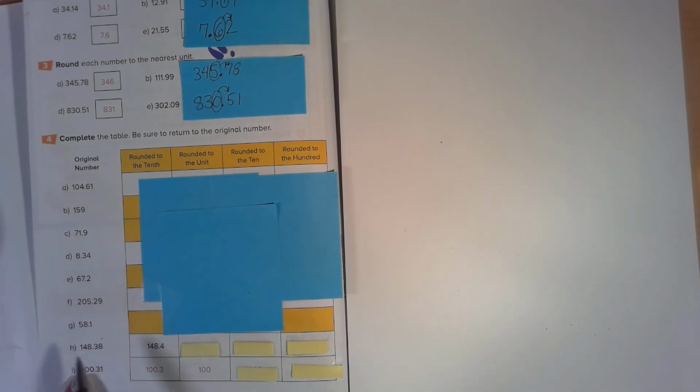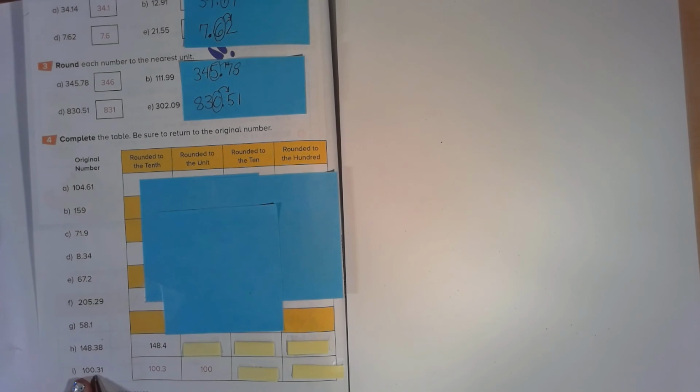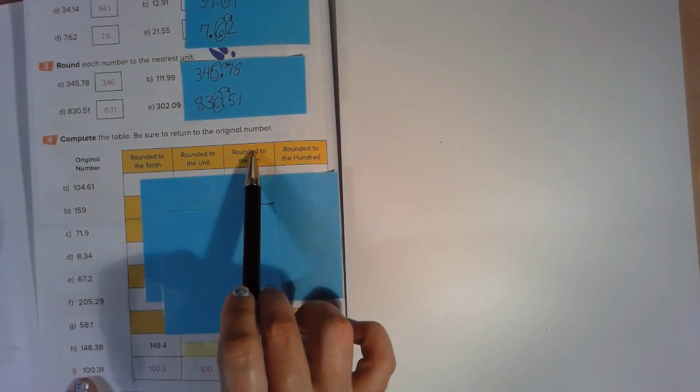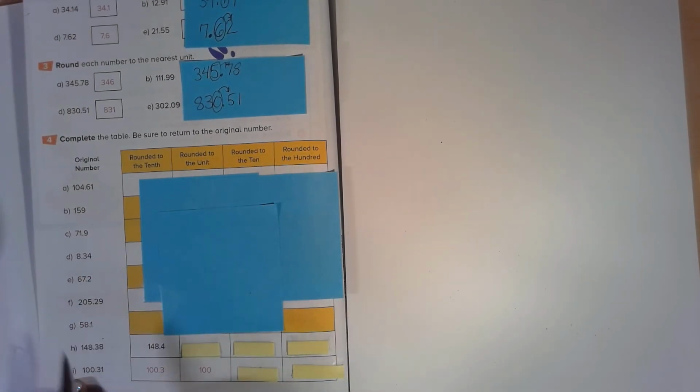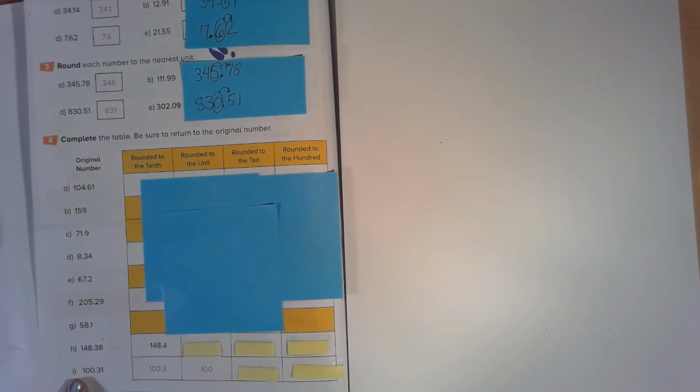Now remember, go back to my original number. So I'm again at 131. They want me to round to the nearest 10 position. So look, it's a 0. So you circle the 0, you look to the right, it's another 0. So this 0 stays the same. All the other numbers become zeros.